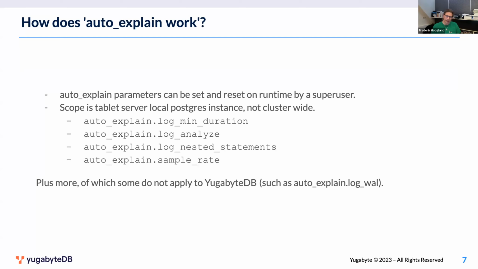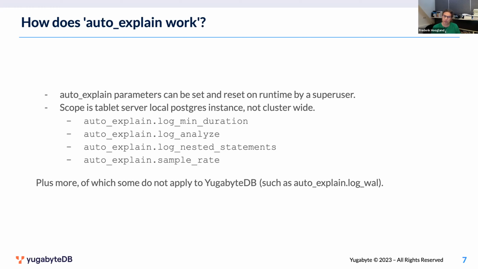You can set and reset parameters for auto-explain at runtime. If you just set it in your ysqlsh or psql, it's for your own session. You can set it for a database, and then any new session that logs on will pick this up automatically.